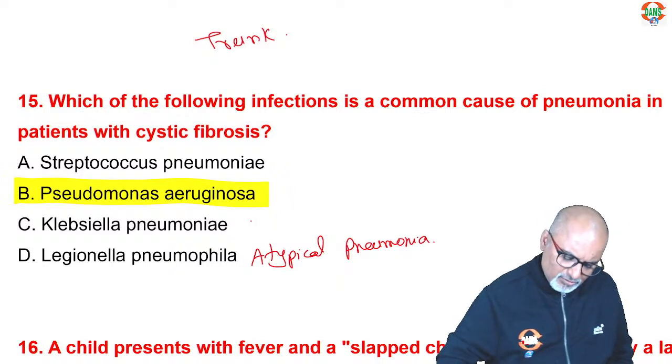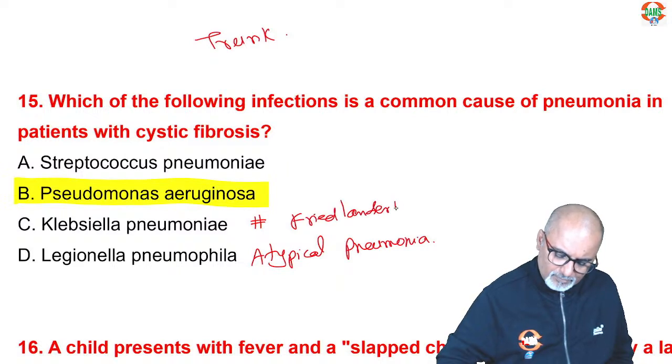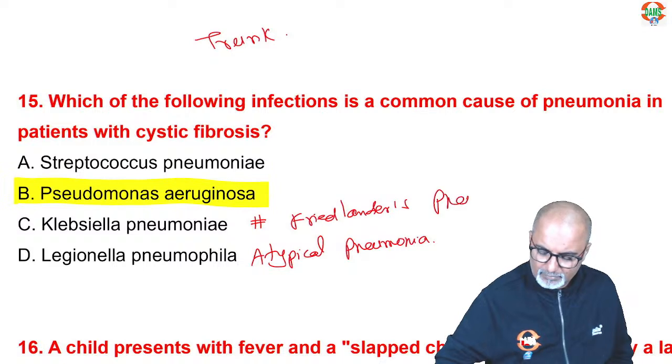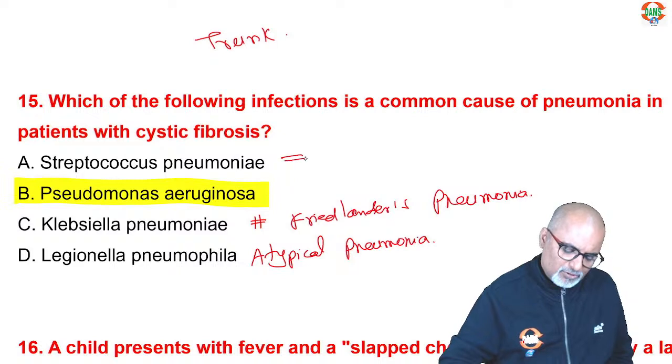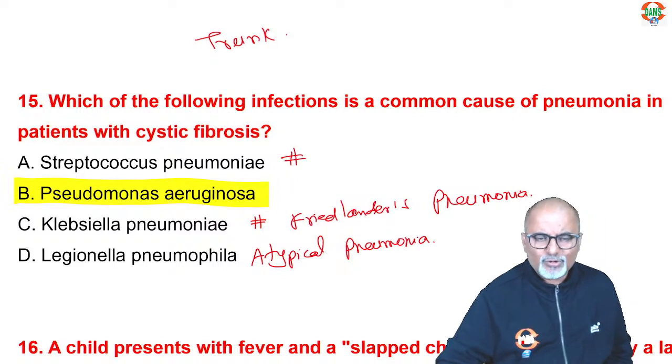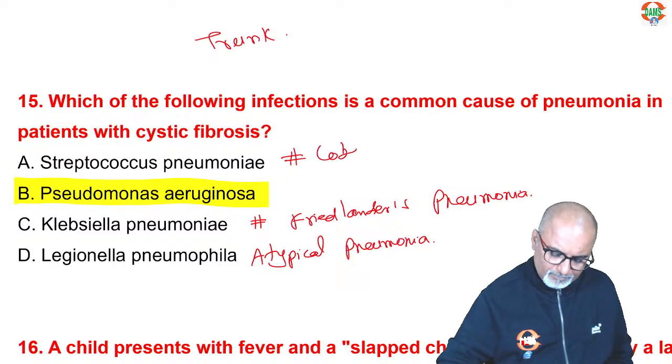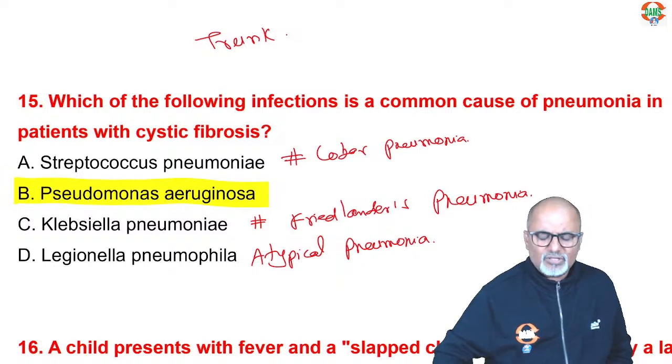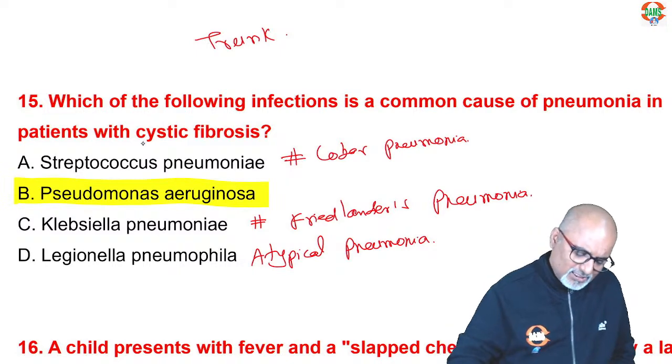Klebsiella pneumoniae causes Friedlander's pneumonia. Streptococcus pneumoniae causes lobar pneumonia. Pseudomonas aeruginosa is commonly seen with cystic fibrosis.